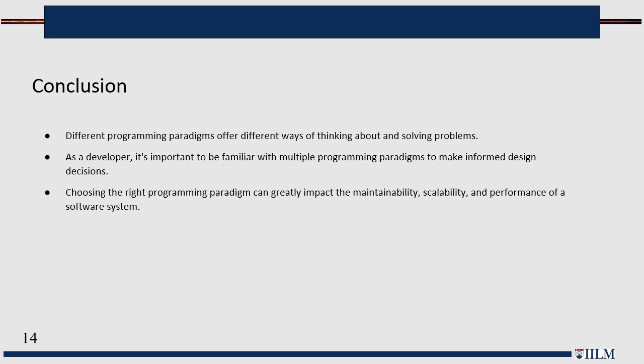This is what we need to consider if we are using the OOPS paradigm: what should be the object and how its behavior is, and how an object behaves as per the definition of the object. An object is an instance of a class. So classes are like templates that define the characteristics and behavior of the object.